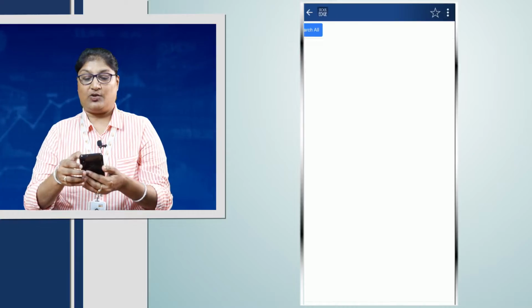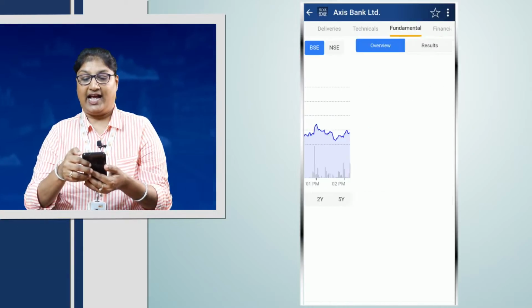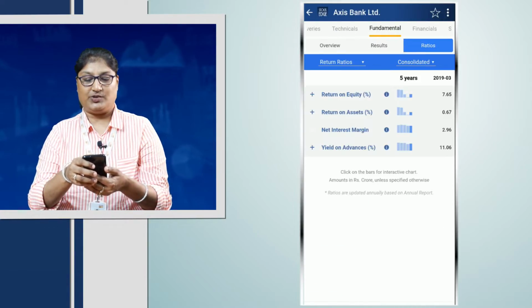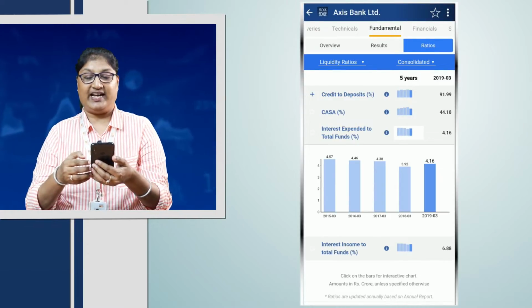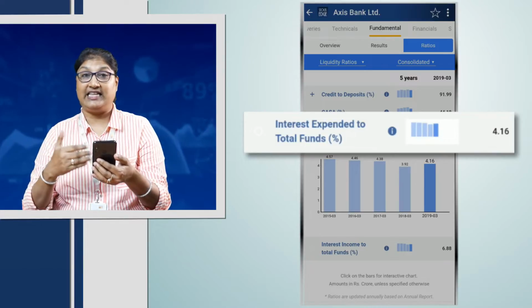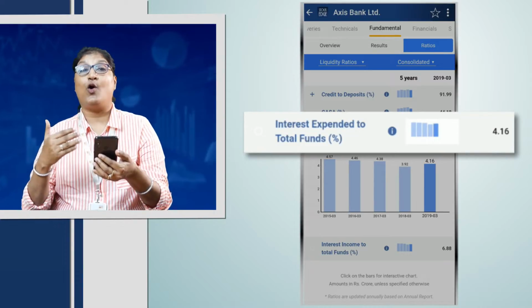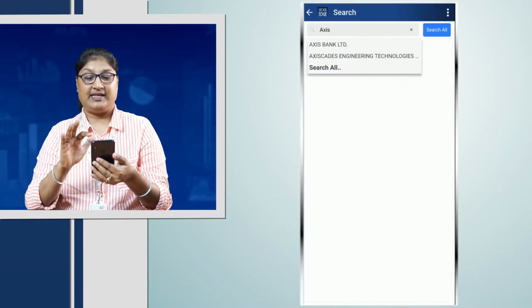When we check out Axis Bank, in the fundamental ratios we go to liquidity ratios, and what we find is that interest expended in the case of Axis is 4.16.